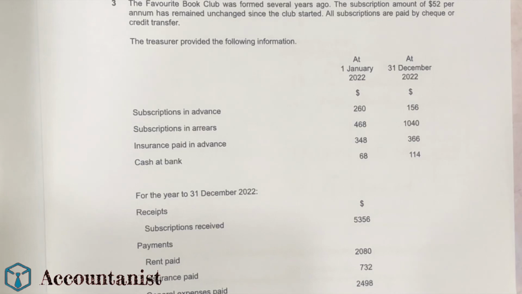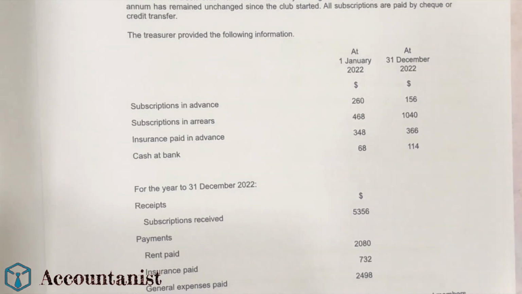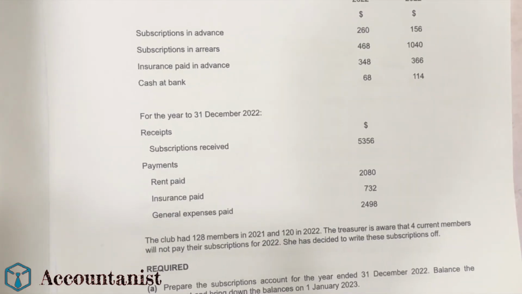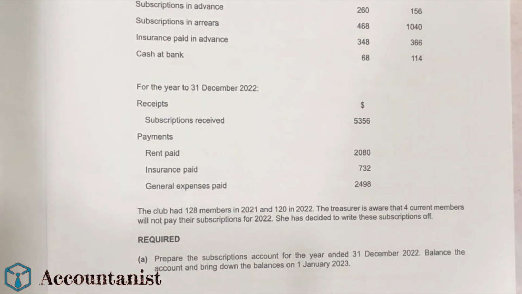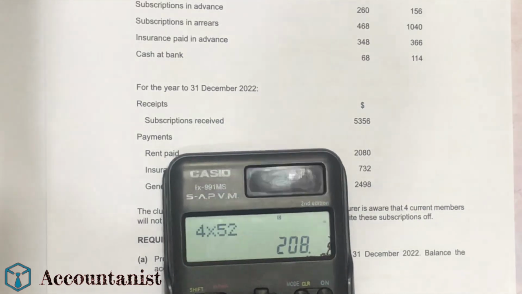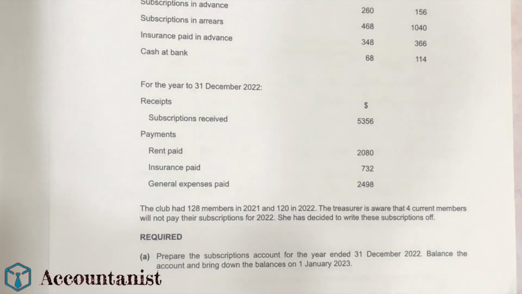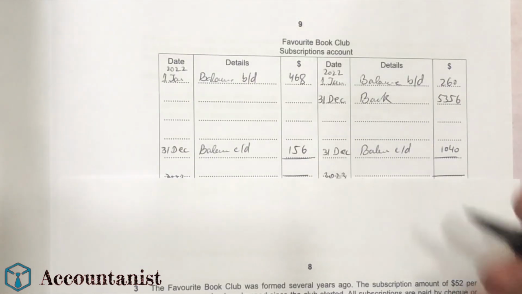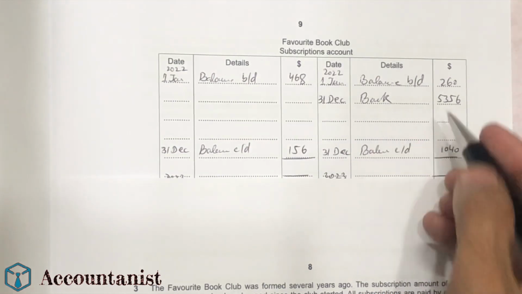So the next thing is we have to write down the subscription written off that we have calculated here, the 4 members. So we'll write down 4 multiplied by 52 as the subscription per annum. So 208 is irrecoverable. So we'll write down 208 because irrecoverable account debit and subscription account credit.